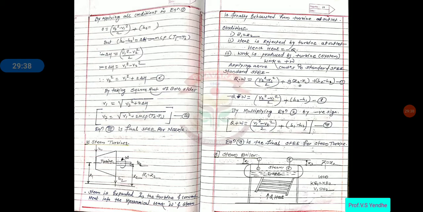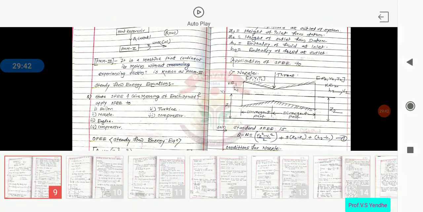Then we will get V2 square is equal to V1 square plus 2 delta H. After taking the square root, we will get V2 is equal to square root of V1 square plus 2 delta H, that means V2 is equal to square root of V1 square plus 2 m Cp (T2 minus T1) here.